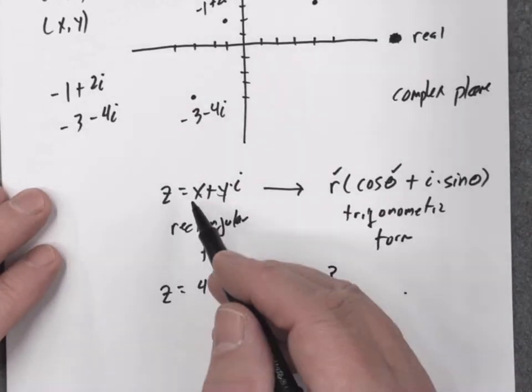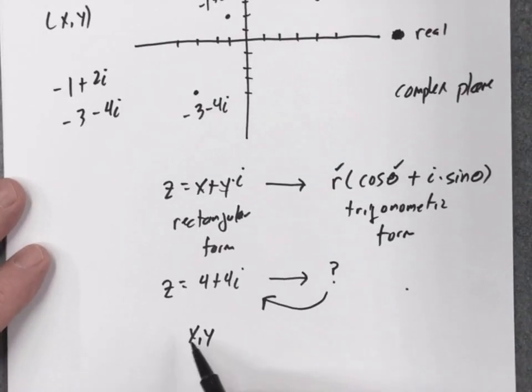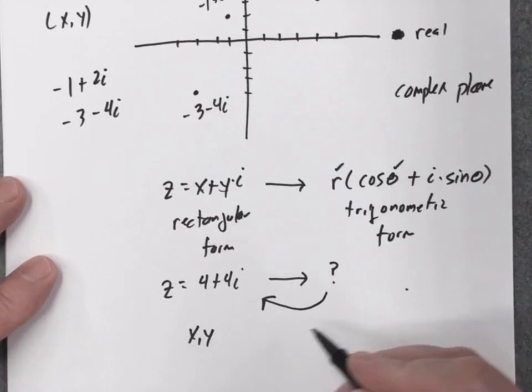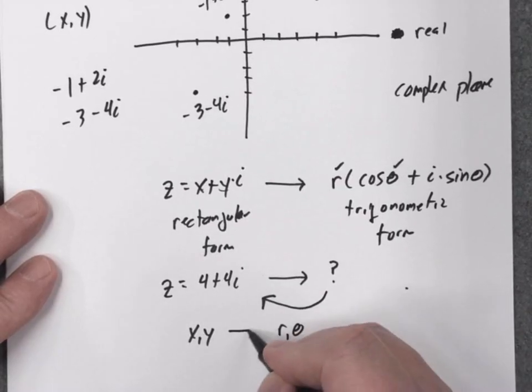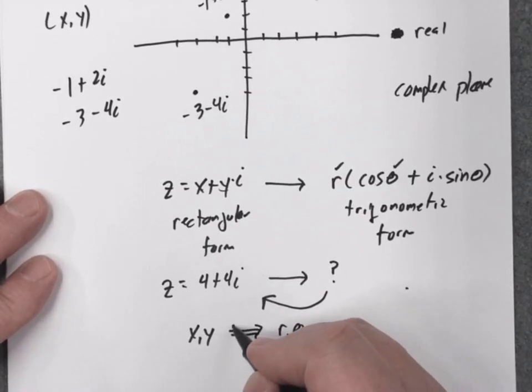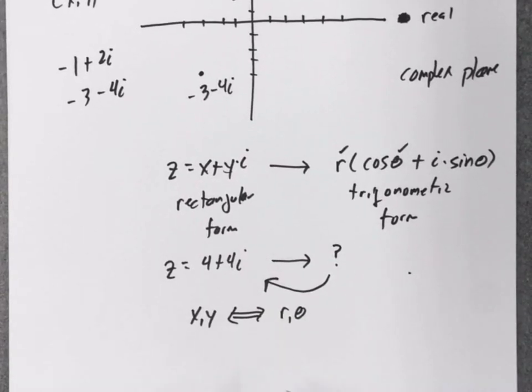So the key is, over here we have x's and y's, which are going to be numbers, and over here we have r and theta. So the key to converting back and forth is how do x and y relate to r and theta.